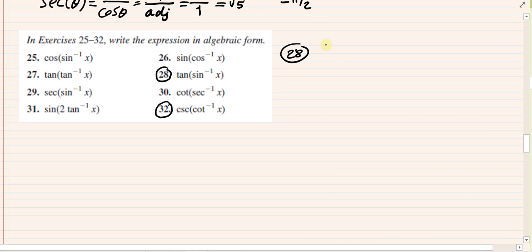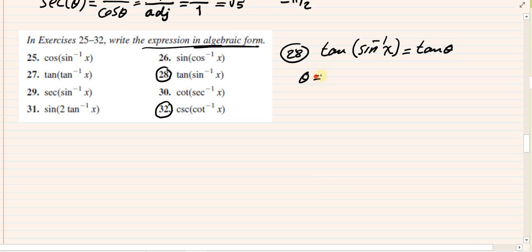Now in number 28, we want to find tangent of arc sine of x, sine inverse of x. We want to write it as an algebraic expression. So let's begin with looking at this as tangent of theta, where theta is inverse sine x. So by definition of inverse, sine theta equals x, right? Now, this x, I'm going to write it as x over 1.